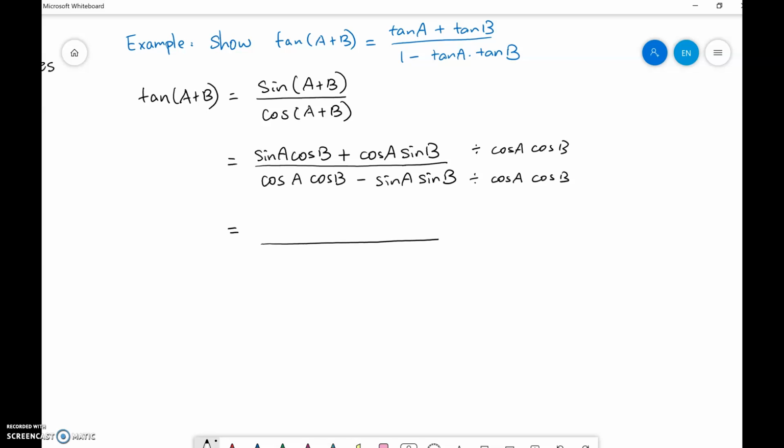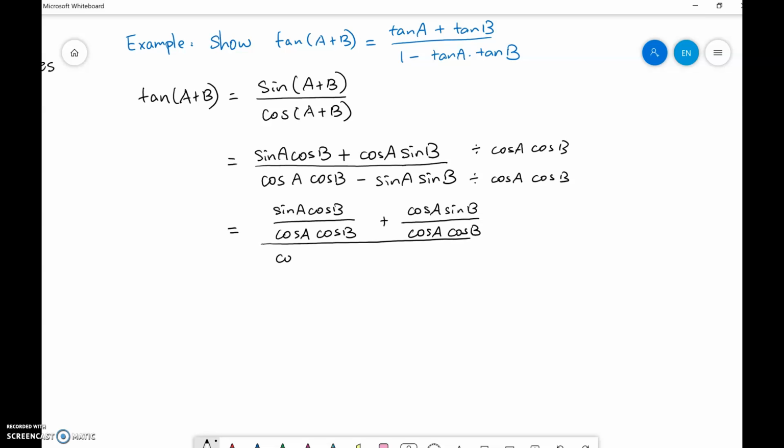That means I will have sine of a cosine of b divided by cosine of a cosine of b plus cosine of a sine of b divided by cosine of a cosine of b.